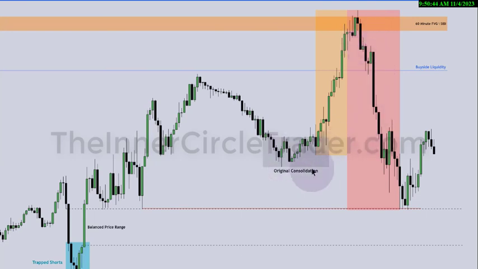Drops aggressively below the original consolidation, right back to the high of the balanced price range. Right there, which is also just below that old low right there that make these relative equal lows what? Suspect for sell side. So sell side liquidity resting below there, that's the draw. If it's going to go well beyond the low here, where the original consolidation's sell side liquidity would be resting.